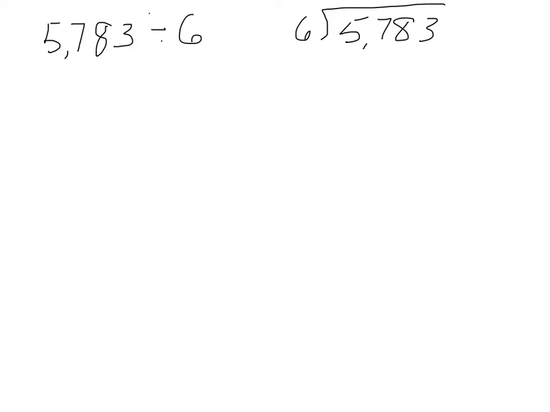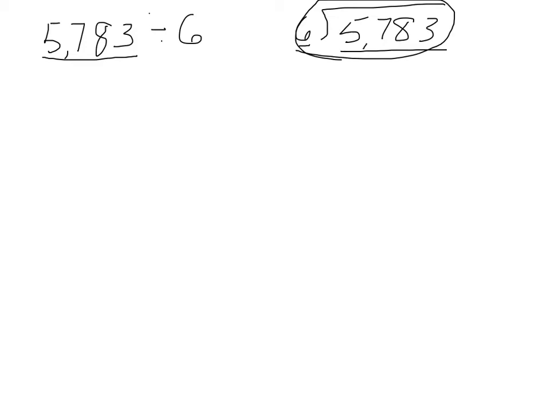Either way is fine, but we would read this 5,783 divided by 6. Here we'd read it the same way. That's easy to see because 5,783 comes first. So they're going to see both ways. This over here kind of sets them up for long division later on.